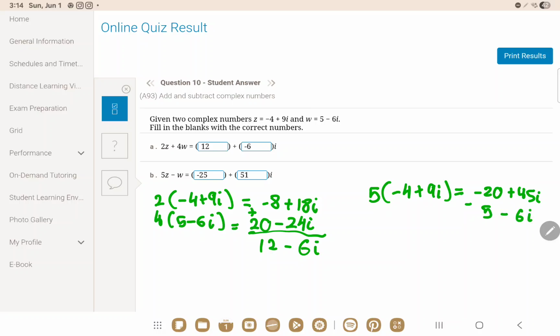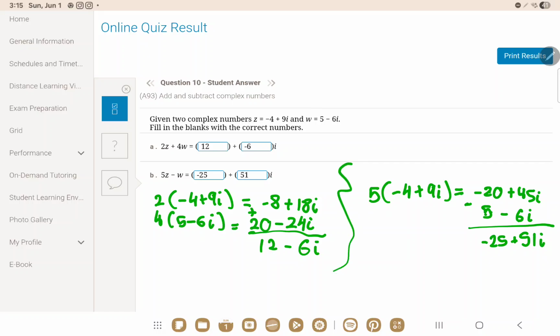Now, negative 20 minus 5 gives you negative 25. Plus 45 minus negative 6i, which is 45 plus 6i, gives you 51i. And that's your final answers for both of them.